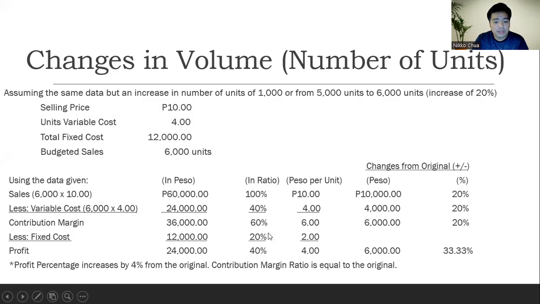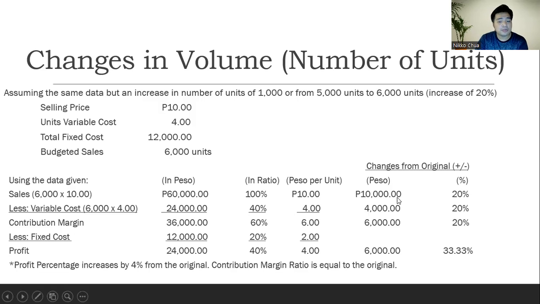So ito po yung ratio natin. So 100 minus 40, we will have this 60%, then minus or subtracted with 20%, that is 40%. So per unit po natin, ganun pa rin, as is pa rin po yung per unit natin.